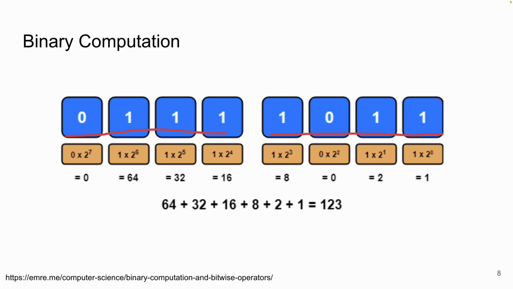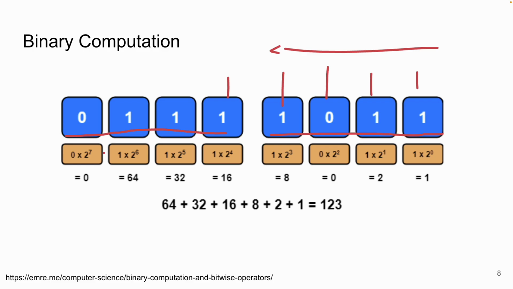Every bit we have here, each blue box, is 1 bit. And these bits are sequenced from right to left. The leftmost bit is the first digit of this binary number.